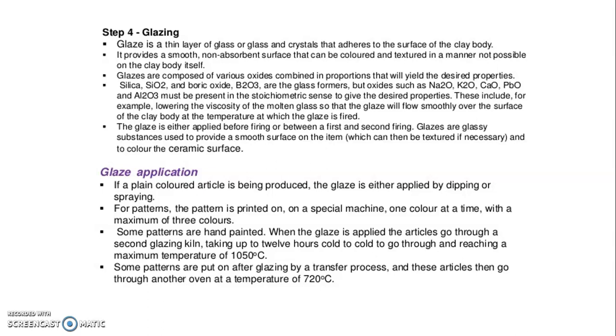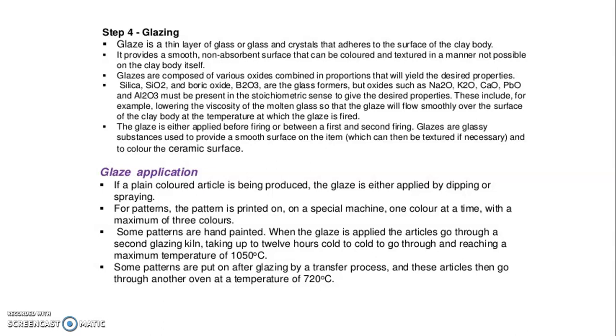Glaze application. If a plain colored article is being produced, the glaze is applied by dipping or spraying. For patterns, the pattern is printed on a special machine, one color at a time, with a maximum of 3 colors. Some patterns are hand printed.